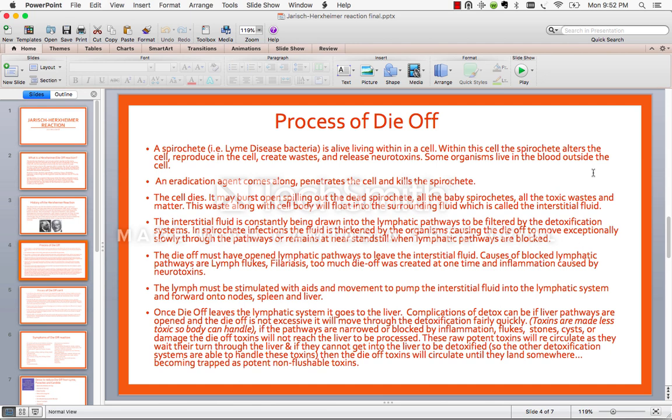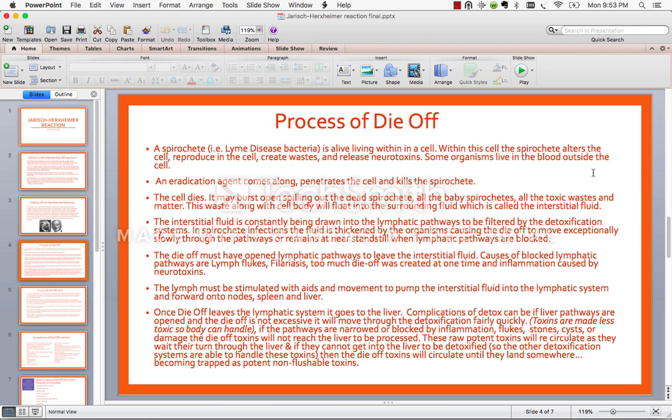When the cell dies, the cell itself can burst open, and out of that, the dead spirochetes or baby spirochetes, all the toxic waste matter, will be released into the body. So it's actually the waste within the cell body that floats into the surrounding fluid, which is called interstitial fluid.